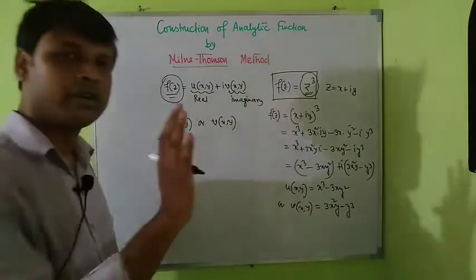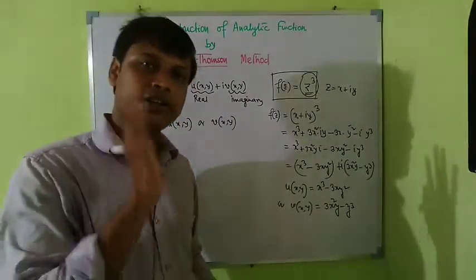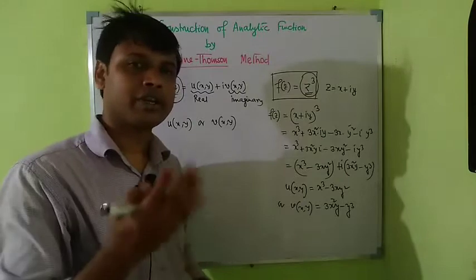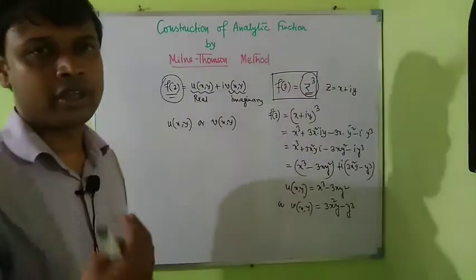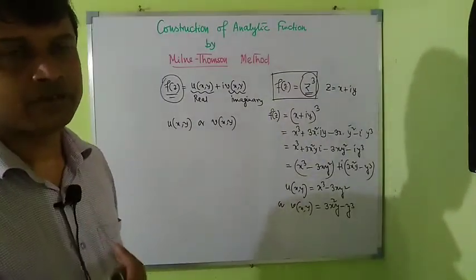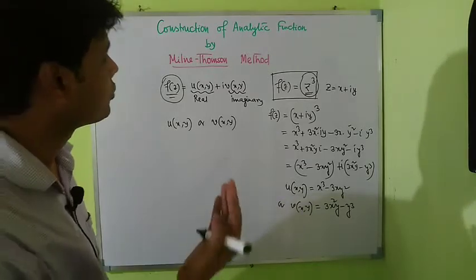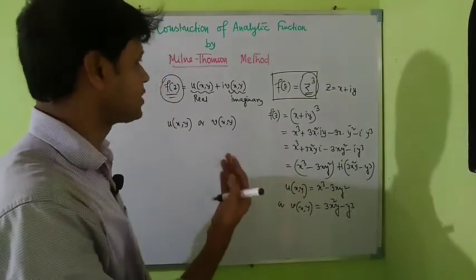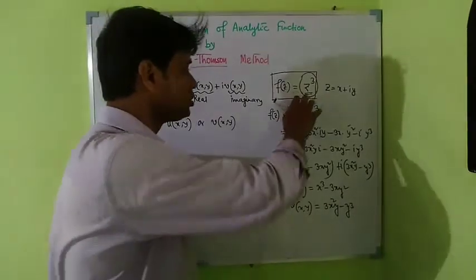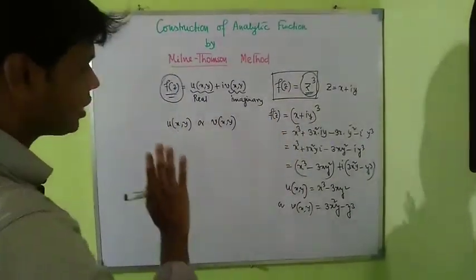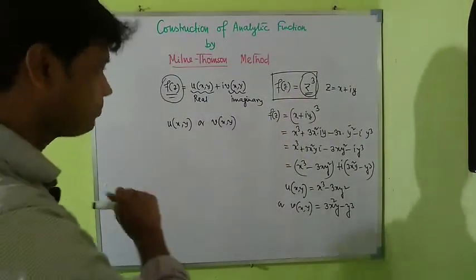So, only one part, either imaginary or real, is given to us, and I have to find the function f(z). It will be an analytic function, so it will definitely satisfy the Cauchy-Riemann equations.